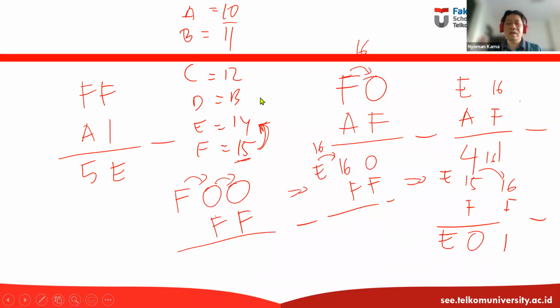Okay. Now, let's do the addition and compare it with subtraction. Remember about last week discussion. The reason why we use negative number is because we want to show that subtraction is actually addition with its negative number.